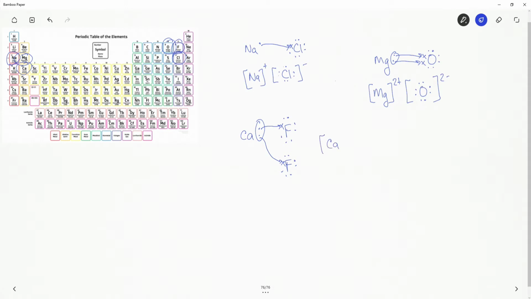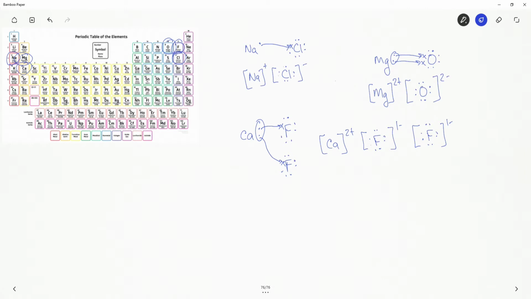So calcium becomes the cation. It has a 2+ charge, and we have 2 fluorine anions, each with a -1 charge. So here is one fluorine atom, and here is the other fluorine atom.